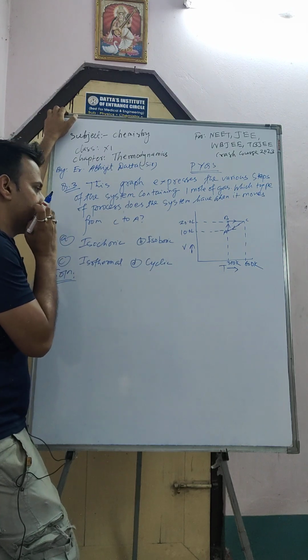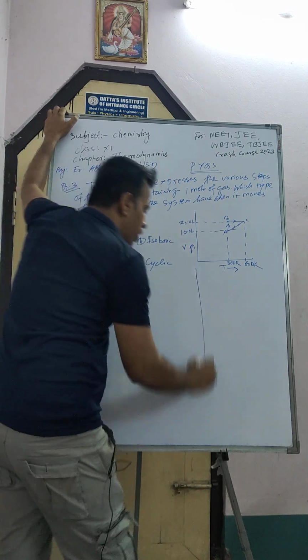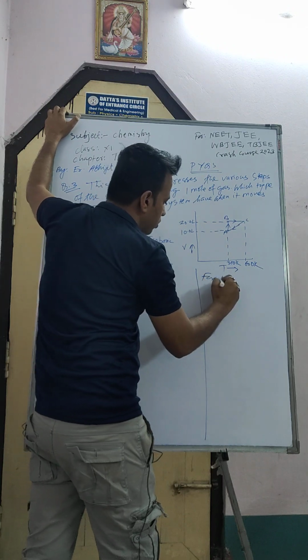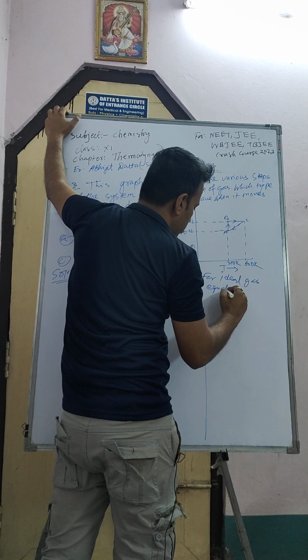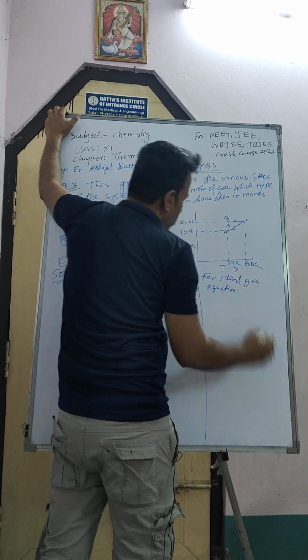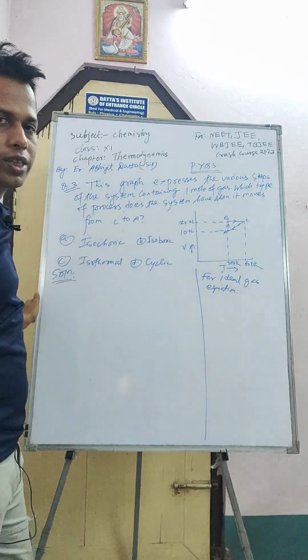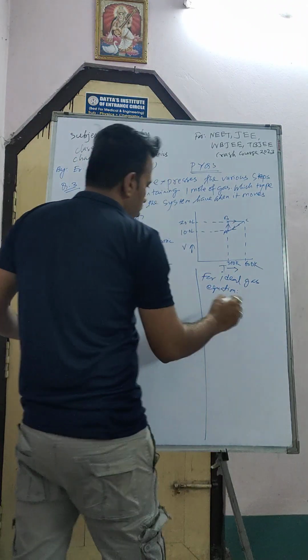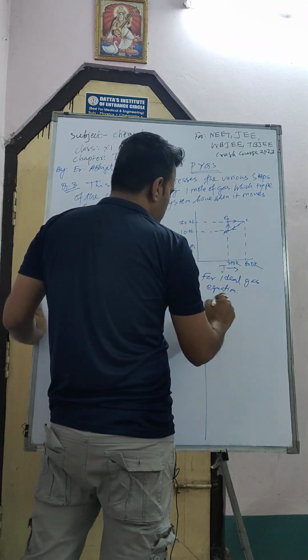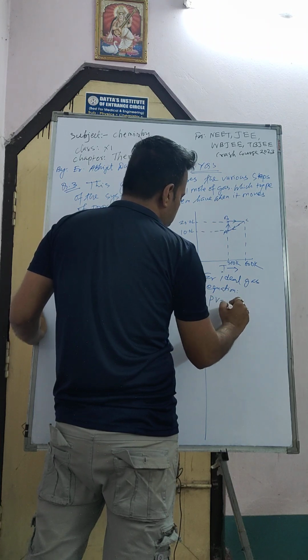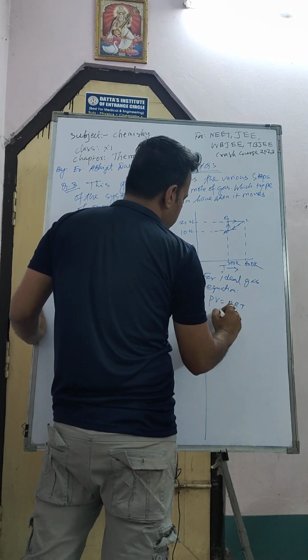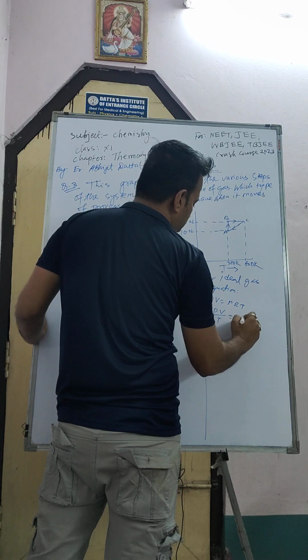Here there is a formula. You know that there is a formula for the ideal gas equation. PV equal to nRT, and PV by T equal to nR.